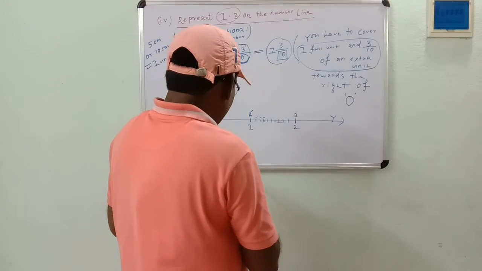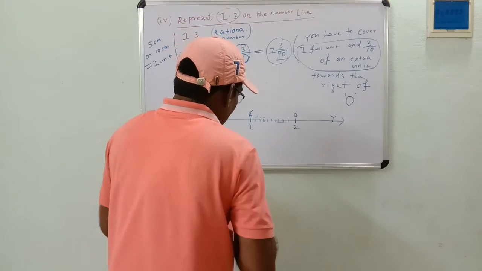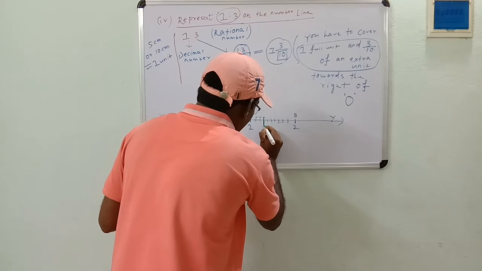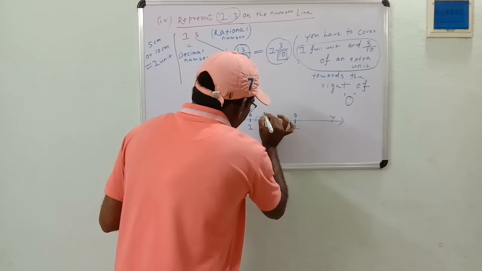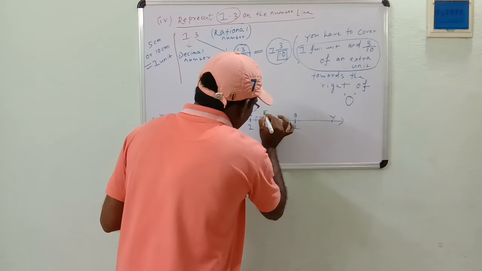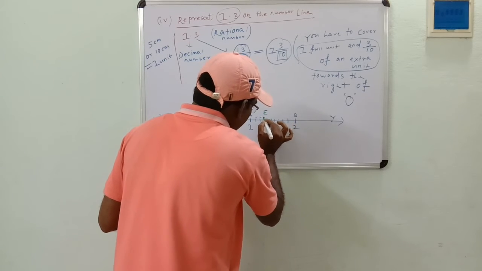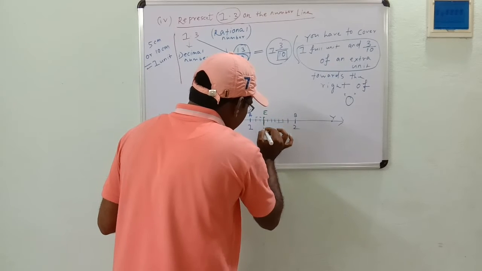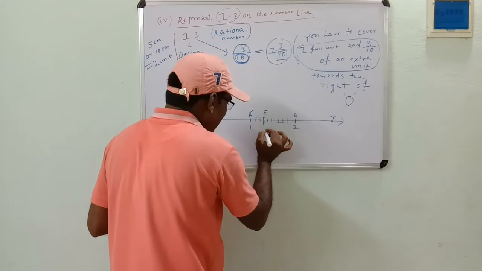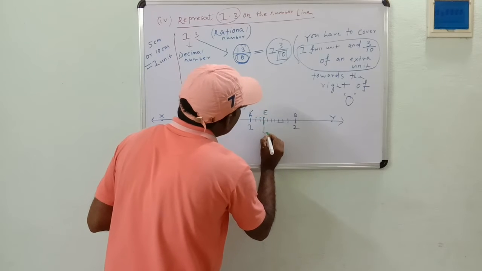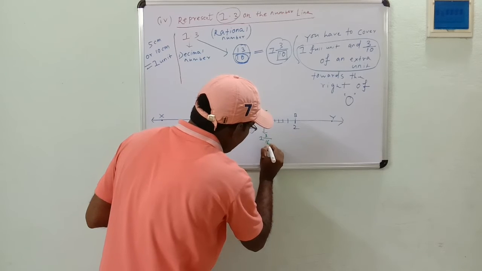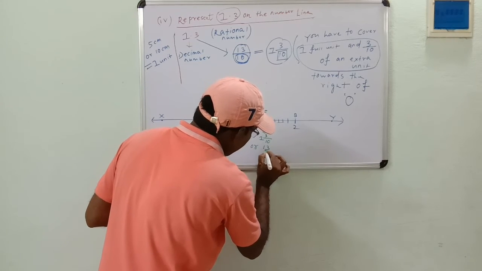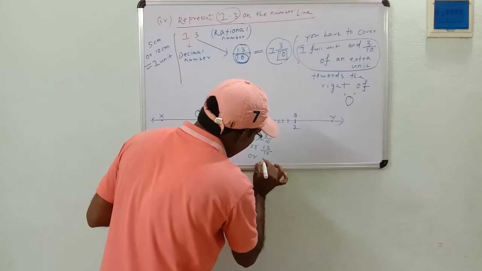Suppose this point is marked in red color, and named as E. Then this point E represents the given rational number, that is 1 full 3/10 or 13/10 or 1.3.